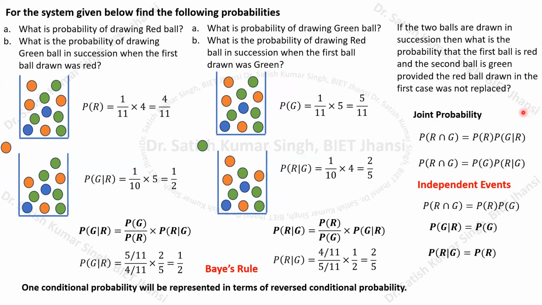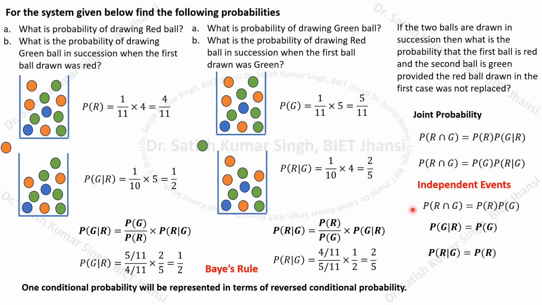And after that, this red ball was again replaced into the container. Okay, then if we ask you what is the probability that the next ball will be green? In that case, we know that there will be no conditional probability of drawing the green ball because the red ball drawn in the first case was already replaced. Okay, it is already available in the container and the system doesn't change.